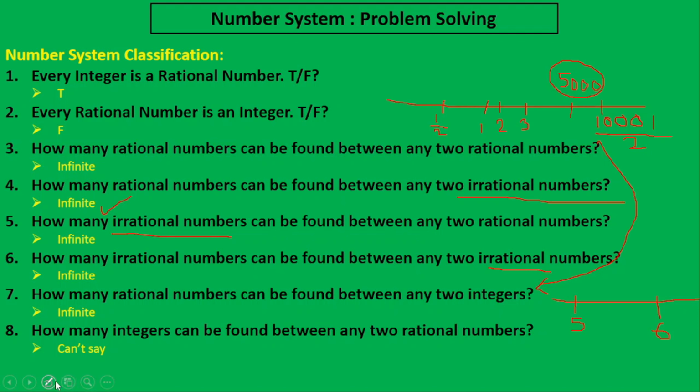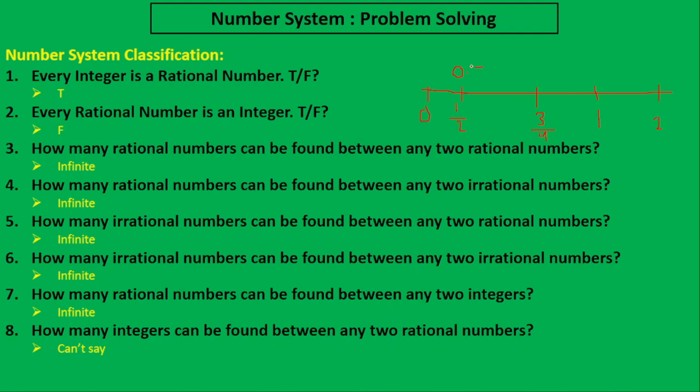But between two rational numbers like half and 3 by 4, half is 0.5 and 3 by 4 is 0.75. Between these two rational numbers there is no integer. So it depends; we can't say how many integers can be found between any two rational numbers.